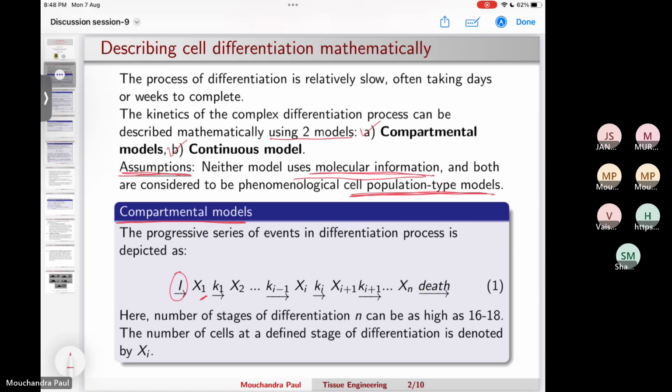Then in stage 2 there are x2 number of cells, and similarly in stage i there will be xi number of cells. Usually the number of stages n can go up to 16 to 18. So now you can understand why this process is relatively slow, because it is taking place through a large number of stages.